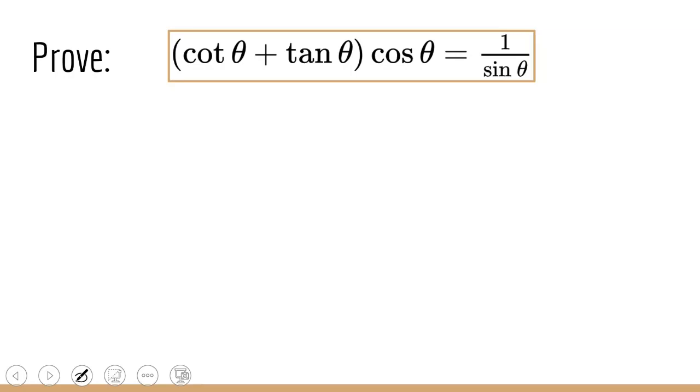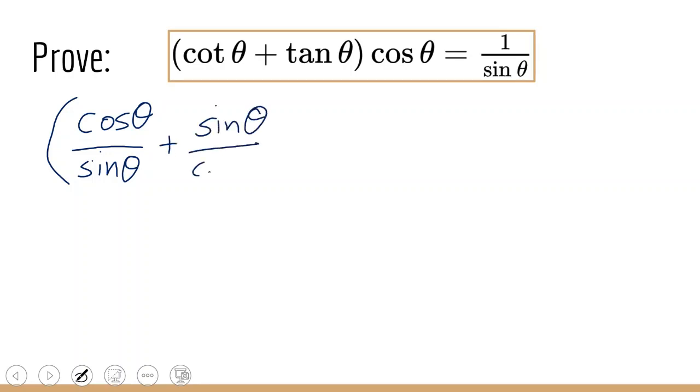Let's first get rid of cotangent and tangent and write this in terms of sine and cosine. Cotangent is just cosine theta over sine theta. Tangent is just sine theta over cosine theta. And I'm going to times that by cosine theta.